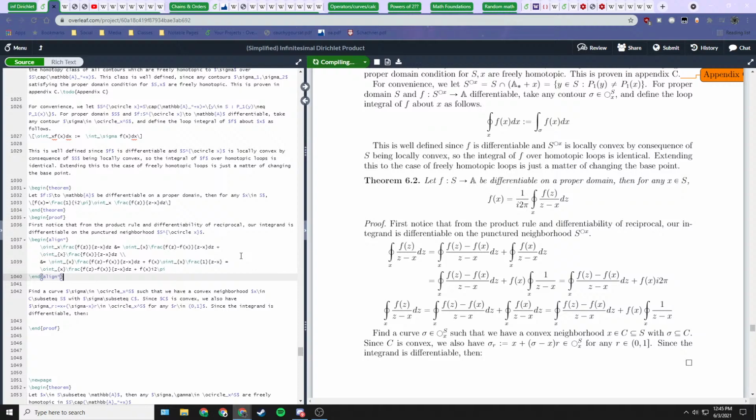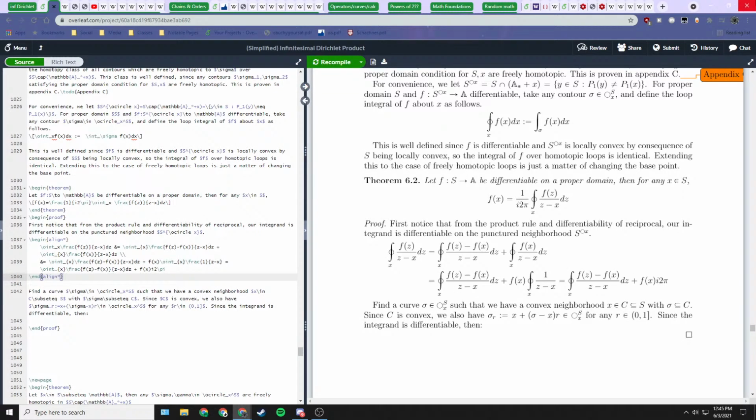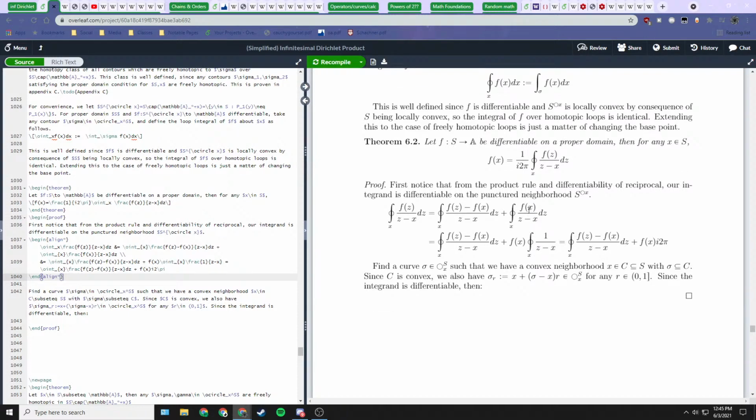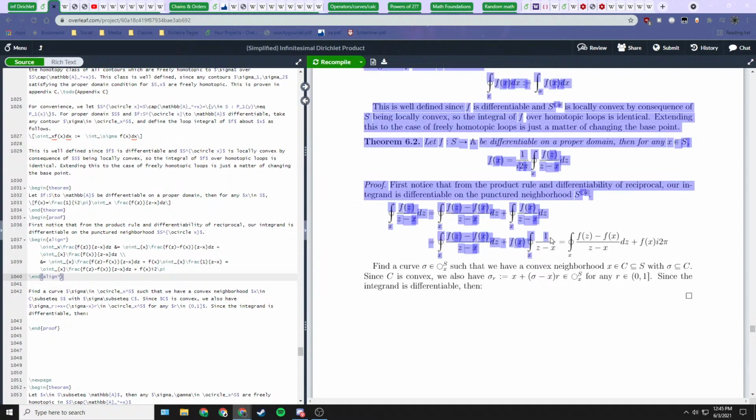So what we're saying is, we're going to start with just this integral here. We subtract and then add f of x in the numerator and split it off. Then we factor out this f of x from the second integral because it's constant in z. So the first integral stays the same, and the second one is this loop integral about the reciprocal.